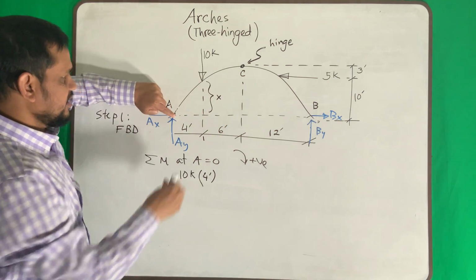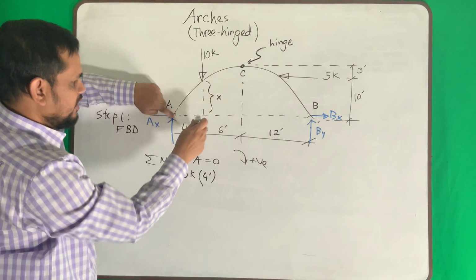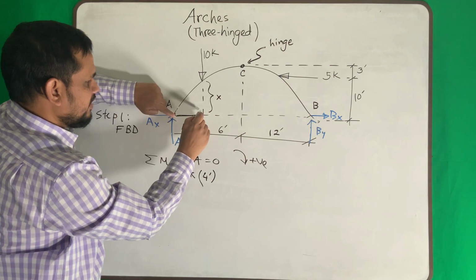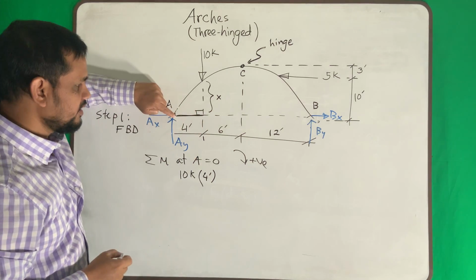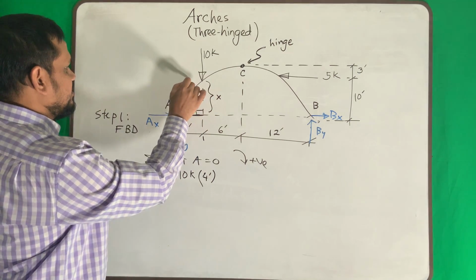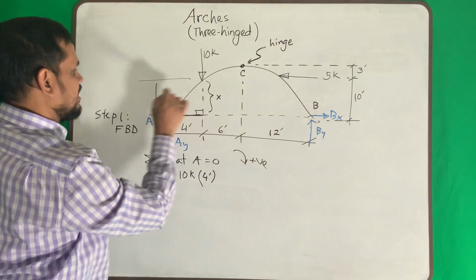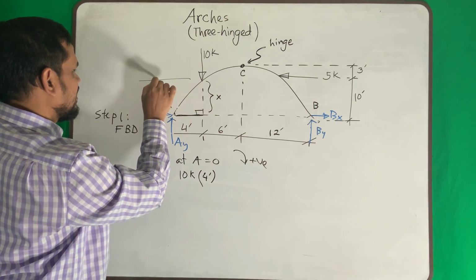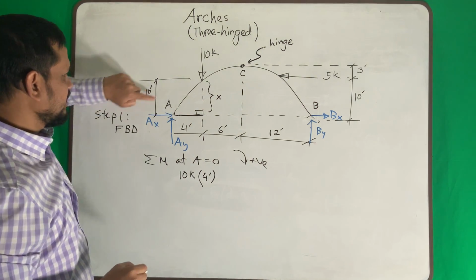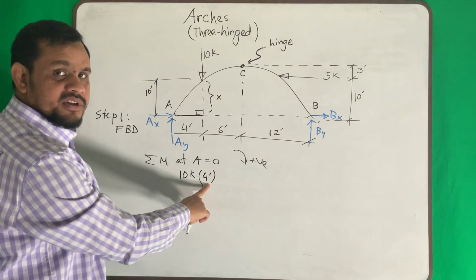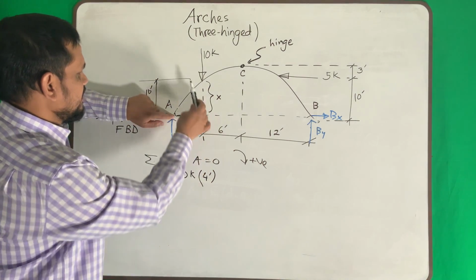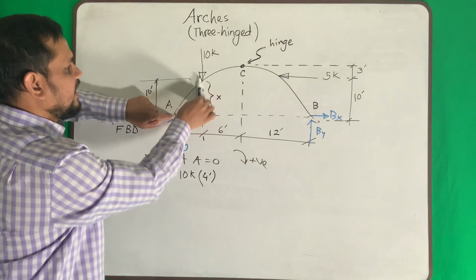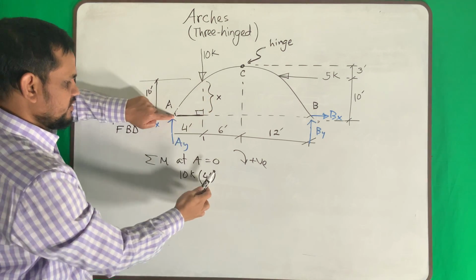It is not that distance because this force is going this way. So distance should be the perpendicular distance. By mistake, if this dimension is given, say 10 feet here, 10 feet here, do not use 10 here because this is not my distance. This is the parallel distance. I need this distance, so 4 feet.